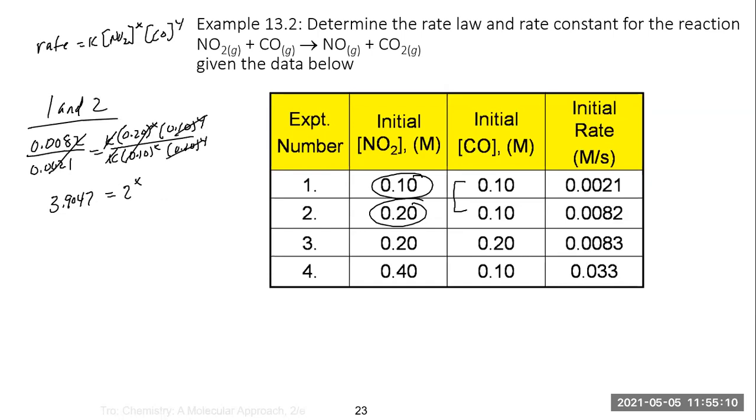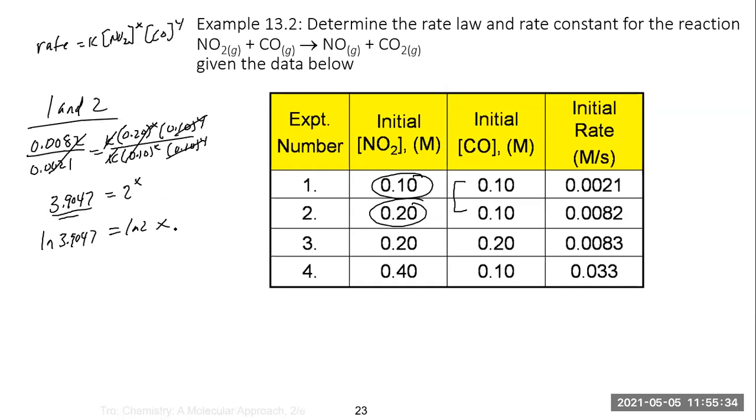So it's your choice here. As you can see, because they're experimental information, you don't always get perfect numbers. It really is close to 4, but you can take your natural log of both sides if you like. The natural log of 2 brings down the x and you divide it out.